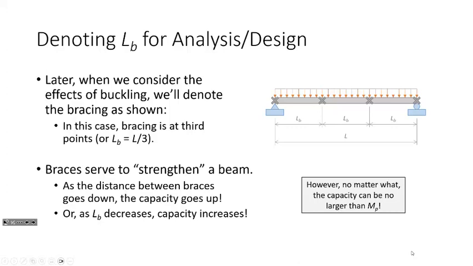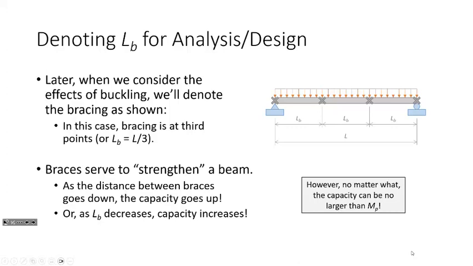So imagine, for example, that this beam is 30 foot long. And every 10 feet, I have a brace framing into that beam. So to be clear, the beam would be 30 foot long, and the unbraced length would be 10 foot long.